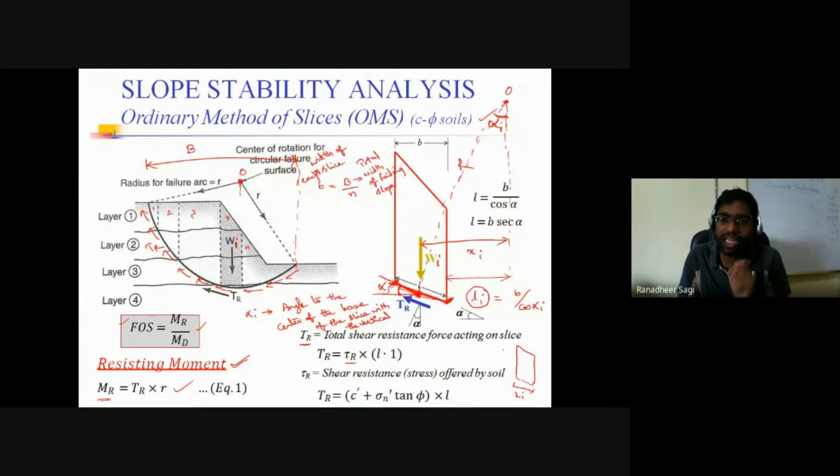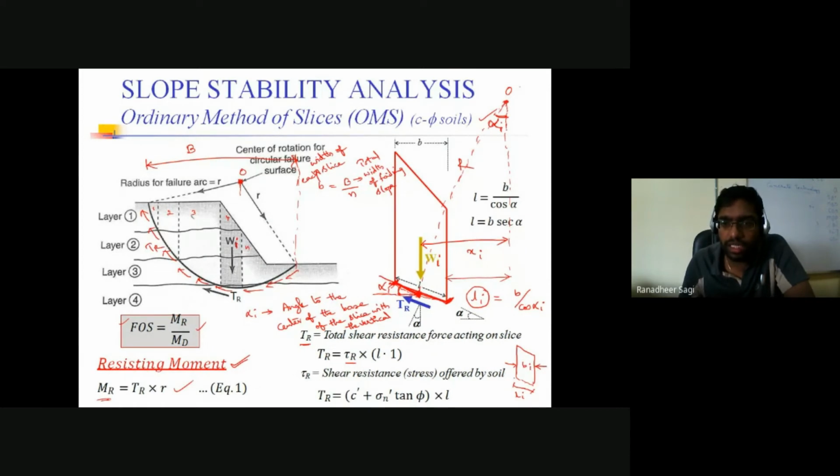We know that the width of the slice is B. Or if the width of each slice is different, then I can write it as Bi: for the first slice, the width of slice 1; for the second slice, the width of slice 2; for the third slice, the width of slice 3. So accordingly, we will be writing it.